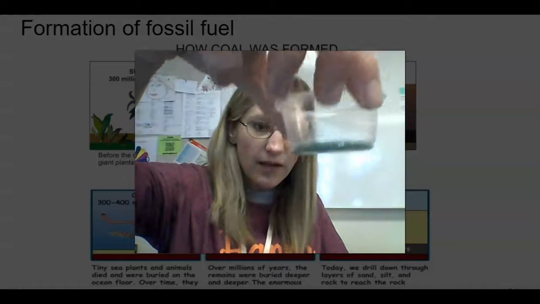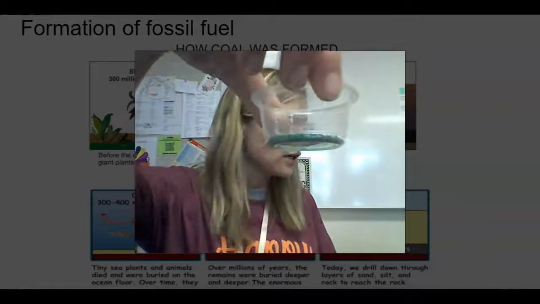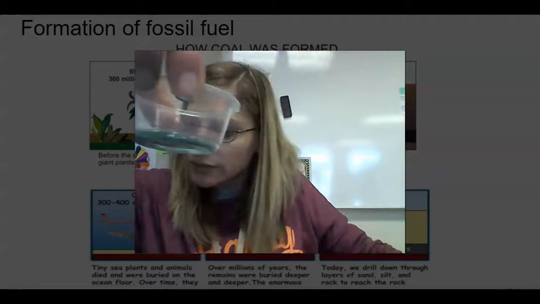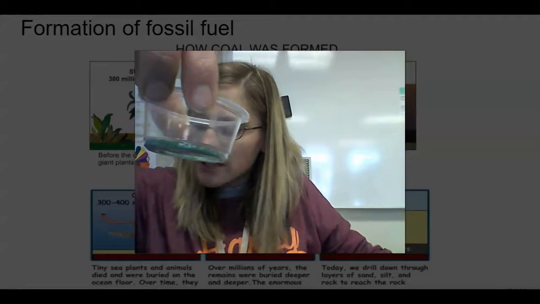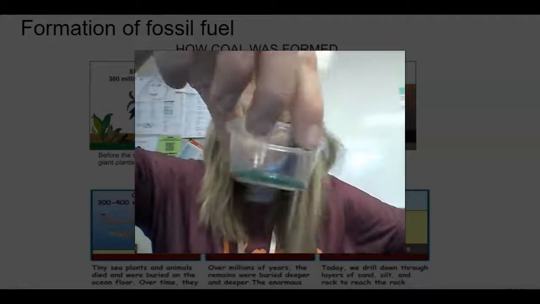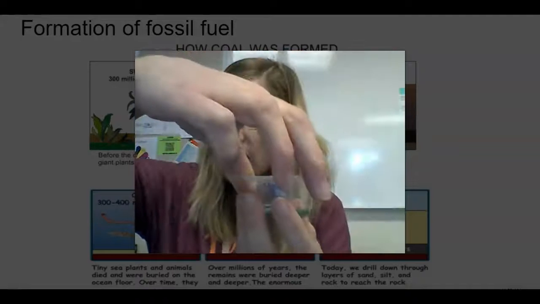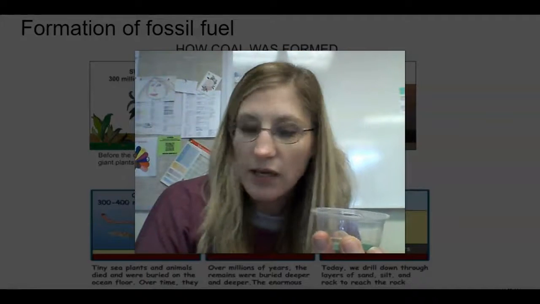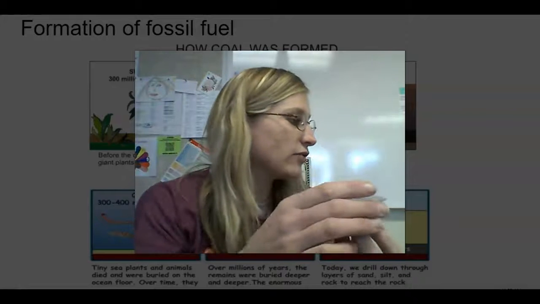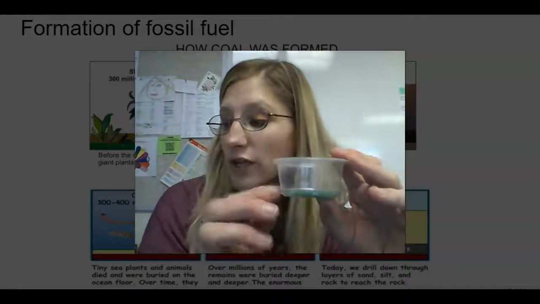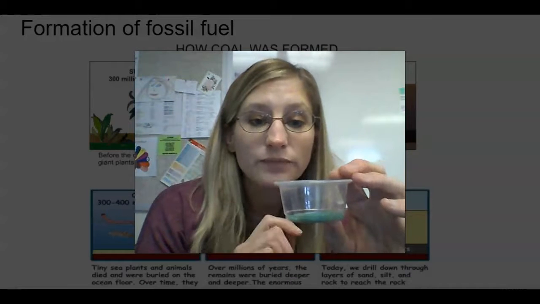Okay, so on the bottom I have my sprinkles, which are going to represent all of my dead plants and animals, which is plankton or algae or ocean animals. And then you have a small liquid. And usually that's where you'll see that natural gas or that oil.